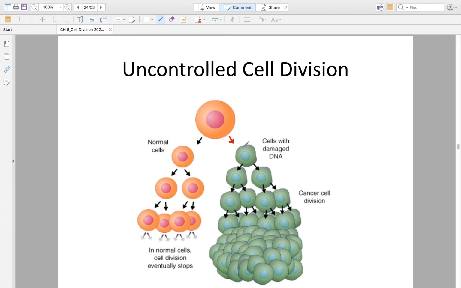There's a range of genes that can be affected and damaged that play a role in the cell cycle and lead to uncontrolled cell division. So controlled cell division is great. We need it, but it'll stop eventually when it's done doing its job. A cell that has damage to its DNA is going to just keep dividing and dividing over and over and over again. And it won't stop. And then we end up with a tumor.